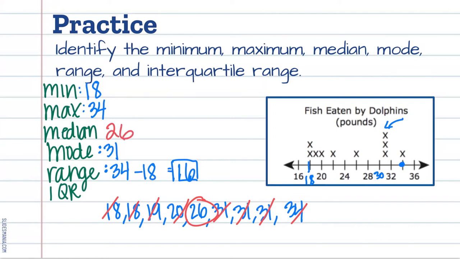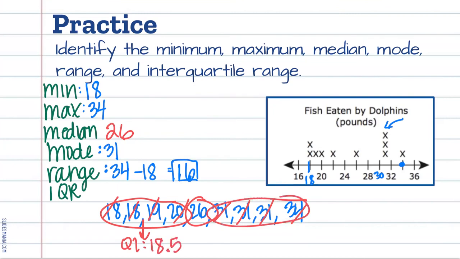So now I can find values of my first quartile and my third quartile. The value of my first quartile is 18.5. And the value of my third quartile, well, there is no number between 31 and 31, so my third quartile is just a value of 31.